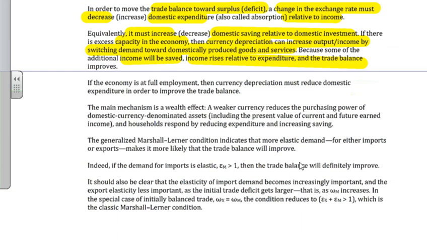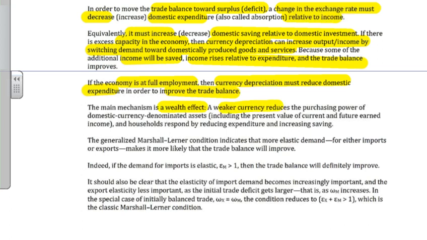and the trade balance will improve. I know this is a little bit technical, guys, I'm going to move through it. If the economy is at full employment, currency depreciation will reduce domestic expenditure and then improve the trade balance. The main mechanism is what we call a wealth effect.